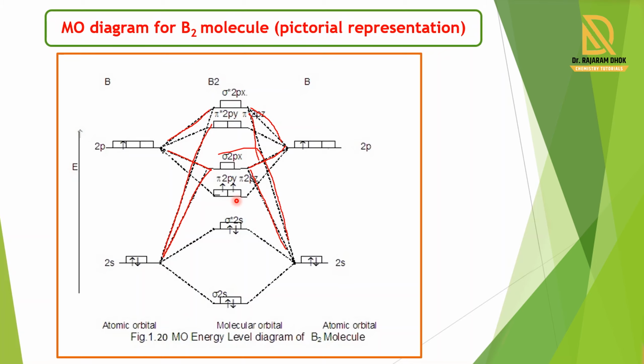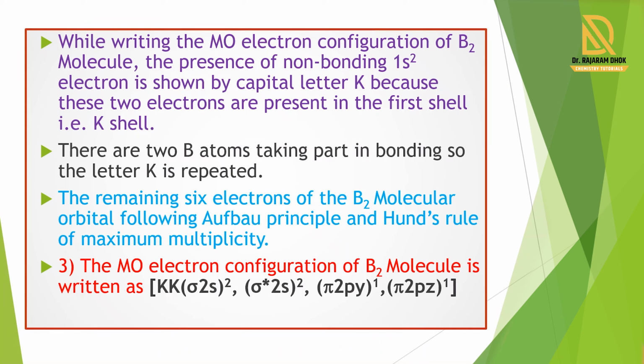From this diagram, or from this electron filling in the molecular orbitals, we write the electronic configuration. When we write the electronic configuration of the B2 molecule, the non-bonding 1s2 electrons are shown by the capital letter K, because these two electrons are present in the first shell, that is the K shell.